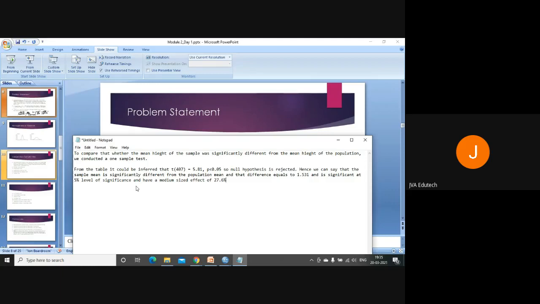Let's say I have taken only 10 people and have tested their IQ and it says that they are having great IQs. But can I generalize this result? I cannot generalize this result on the overall population because my sample size is so small to calculate the effect size on the overall population. So if you have to generalize the result on your overall population, you have to calculate the effect size.